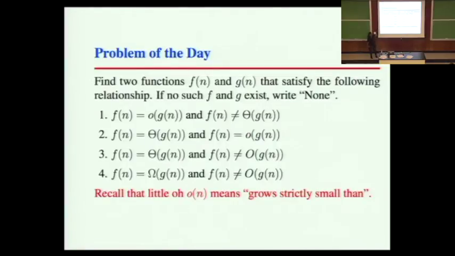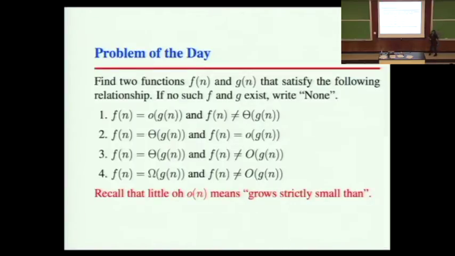Is there a function f(n) and g(n) such that f(n) is little o of g(n) and f(n) is not equal to theta of g(n)? The way I would approach this is that I usually draw figures for the order notation. That makes it easier. What does it mean that a function f(n) is little o of a function g(n)?